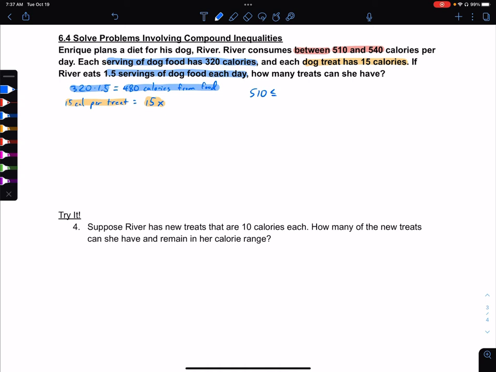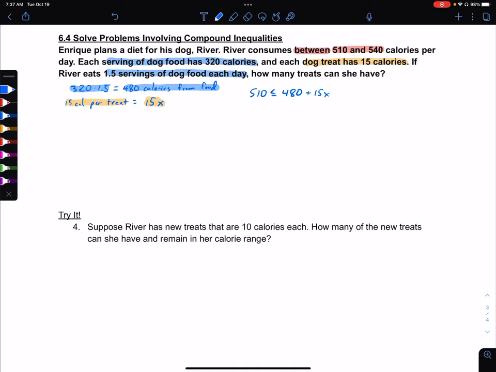So 510 is less than or equal to, well, to determine the total number of calories, we know that River is going to eat a guaranteed 480 calories from food, and then on top of that would be 15x, right? Depending on how many treats River has will determine the additional calories she consumes through treats.